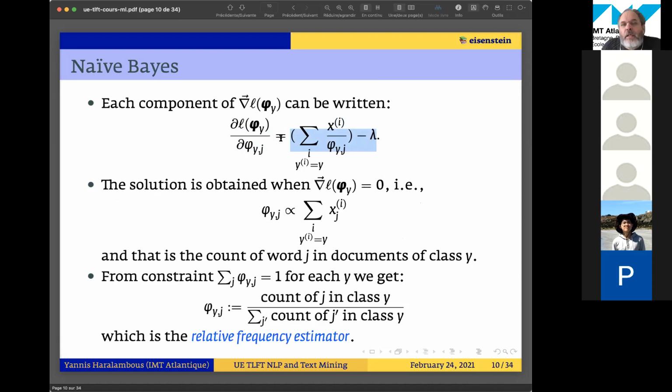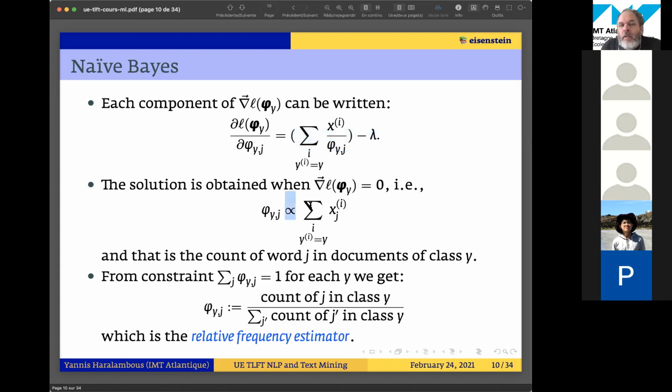And setting this equal to 0, this sum equals lambda. And then I can raise phi yj and get lambda phi yj equals the sum of xj.